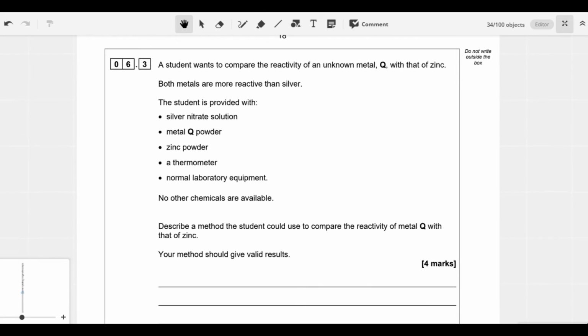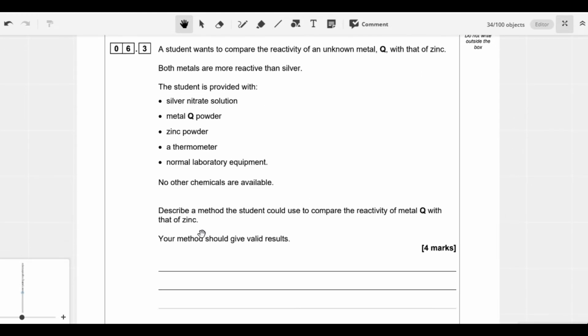Next, the student wants to compare the reactivity of an unknown metal Q with zinc, and here is all the information that is given. Describe a method the student could use to compare the reactivity of metal Q with zinc. The method should give a valid result. So for comparing the reactivity, you have to measure the temperature, because the temperature is very important.